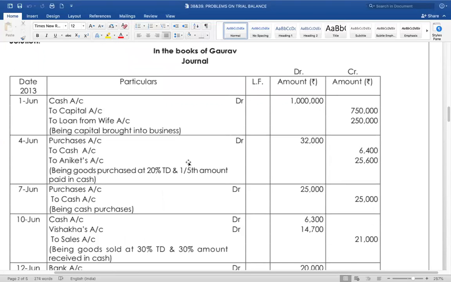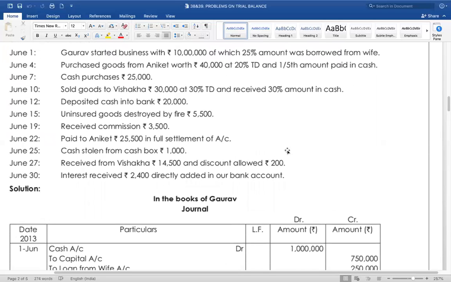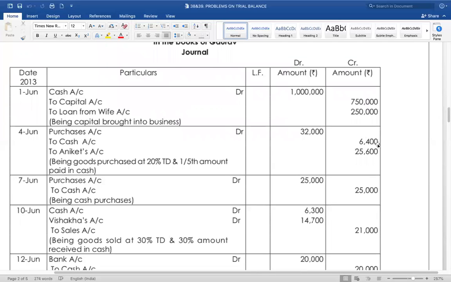Then there is a TD, 20% of this 32,000. 20% of 32,000, 6,400. 6,400 is the TD, tax deducted.